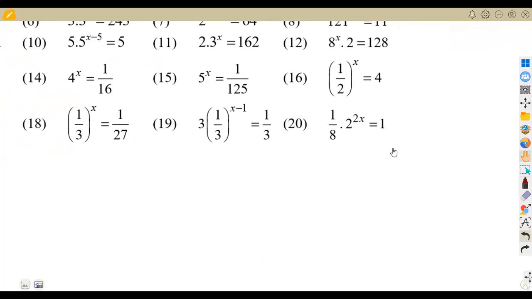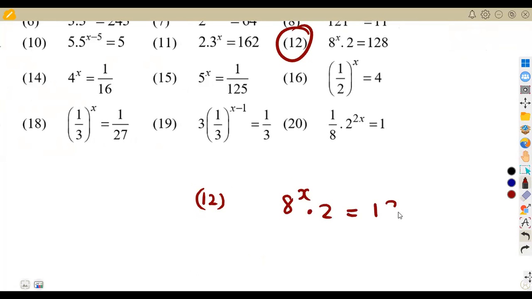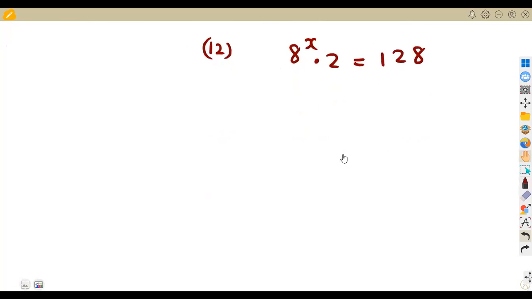I want us to consider that type of calculation that I'm using right now. On number 12, you can consider that 8 to the exponent of x multiplied by 2 is equal to 128. Considering this way of calculating, you can divide by 2 because you're multiplying here.